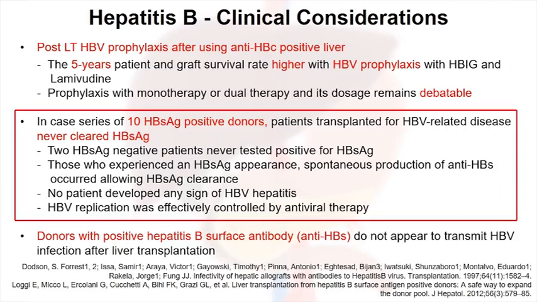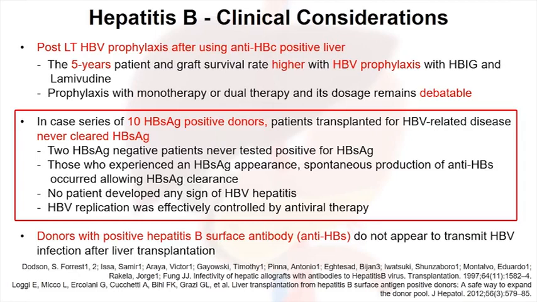Various case series have been reported where, knowingly or accidentally, a hepatitis B positive donor was utilized in hepatitis B negative recipients, and many times it was seen that either HBsAg clearance occurs, or in spite of use of a positive donor, the recipient does not show signs of development of hepatitis, or they are given prophylaxis and virus replication is prevented.